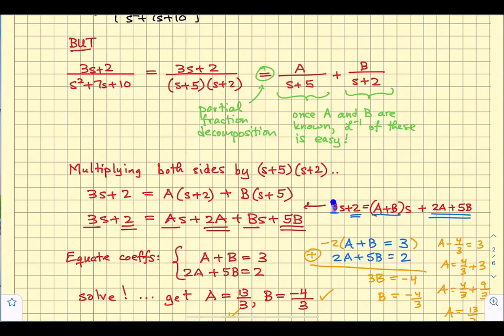So the coefficient on the s term here must match the coefficient of the s term here. So it must be that A + B is 3, and the constant term here matches the constant term here, so 2A + 5B must equal 2.